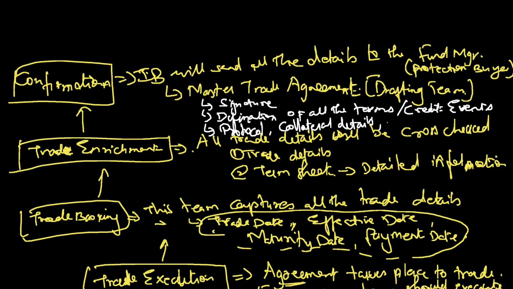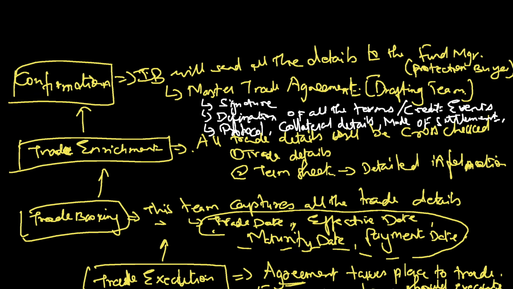Then mode of payment, or mode of settlement, whether it will be paid in cash or in any other form, like physical settlement, delivering the underlying assets. So all such details will be mentioned in this master trade agreement. It will have a schedule as well, like when the premium will be paid, schedule, mode of payment, collateral, protocol.